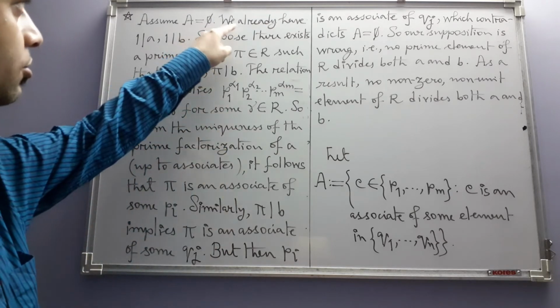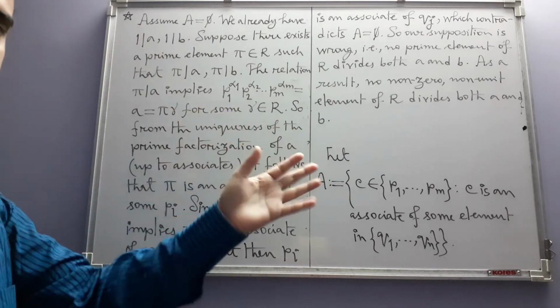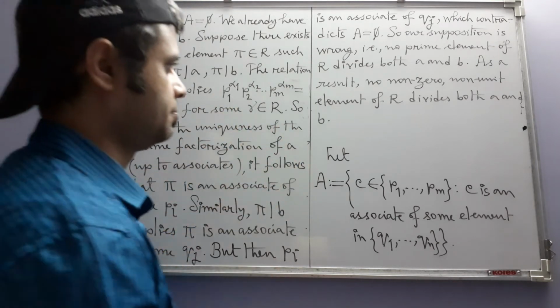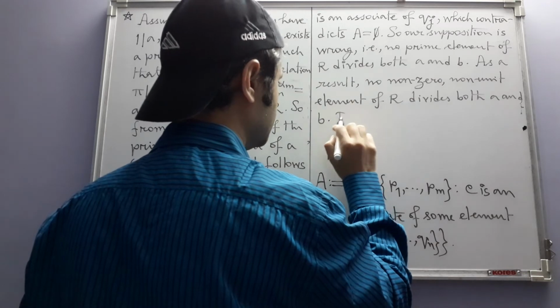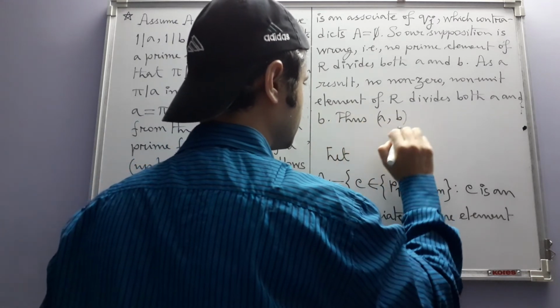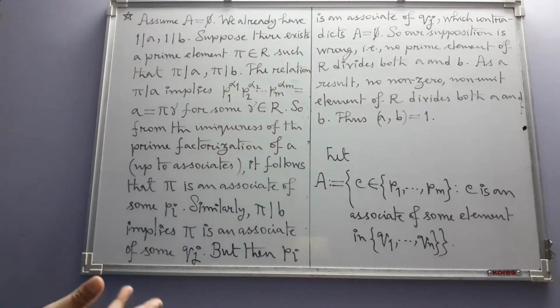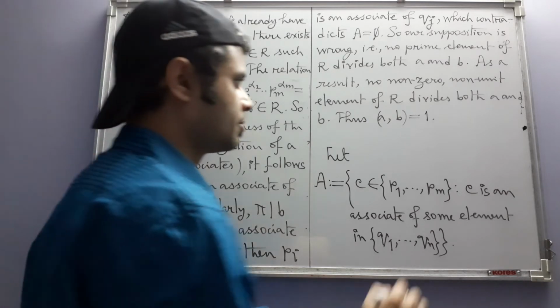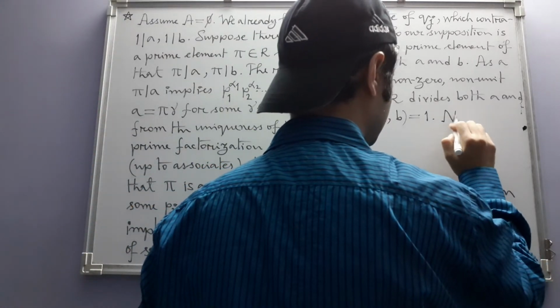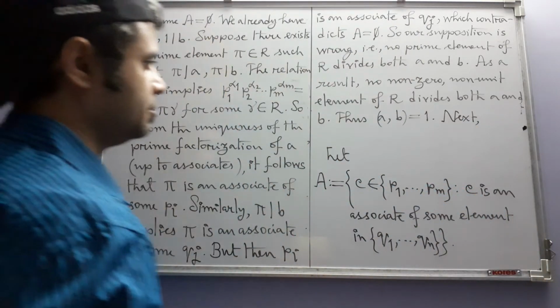That's why we wrote here, we already have this. Besides that, there is no other common divisor. Thus, in this case, A and B have any unit as a greatest common divisor. So this is the case when A is empty.